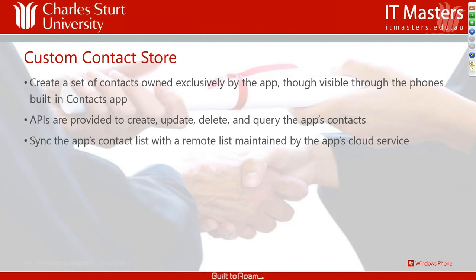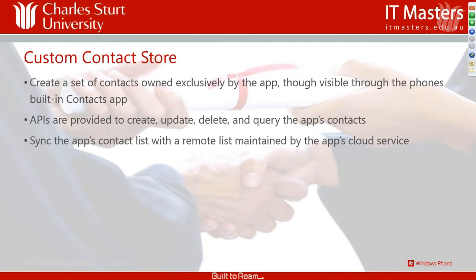Interestingly enough, one of the side effects of the need to have close integration between VoIP clients such as Skype or Lync and the device is the need for those clients to have their own contact store. So, for example, when you sign into Skype, it pulls down your Skype contacts and adds those in as individual contacts into its own custom store.